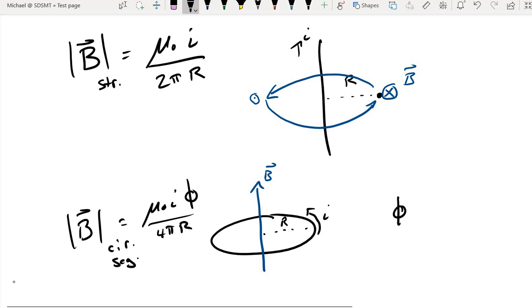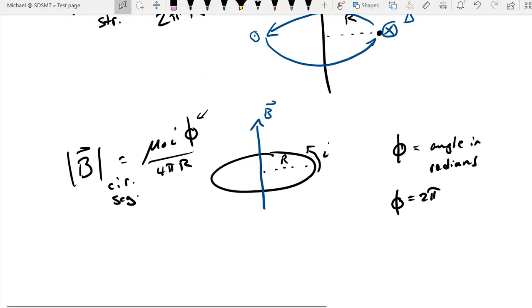And phi is the angle in radians that we travel around the circular segment. So in the case of a full circle, phi would be 2 pi, and then we would plug in 2 pi for phi.